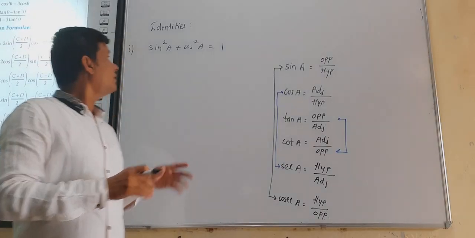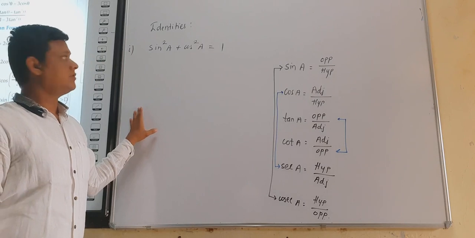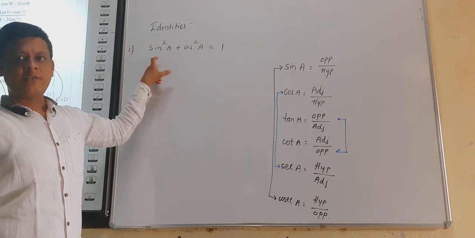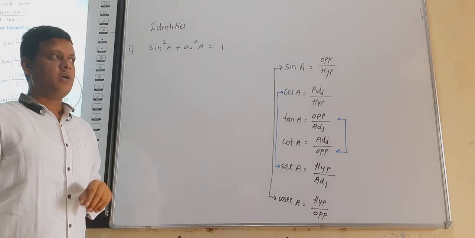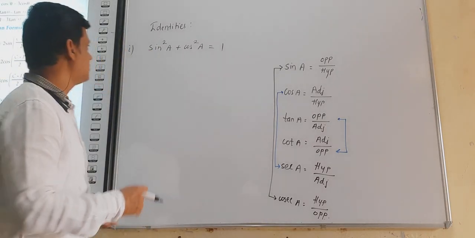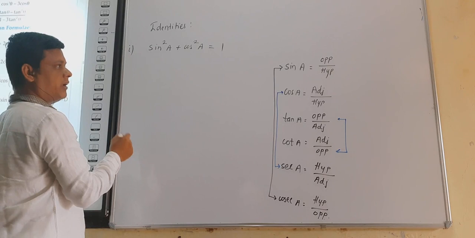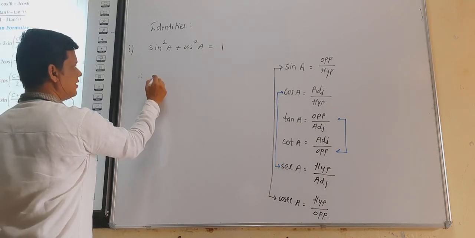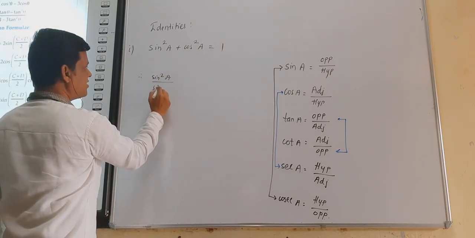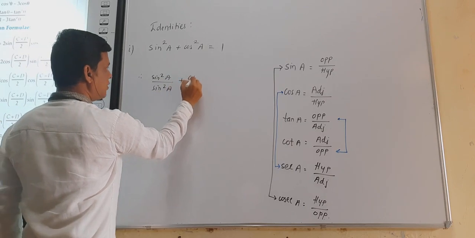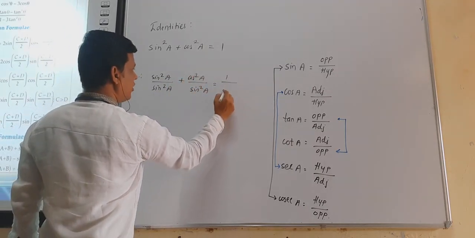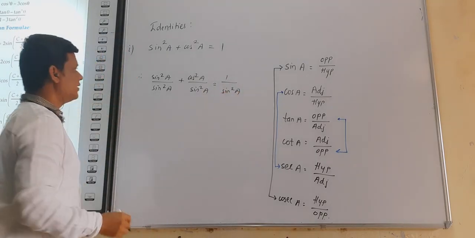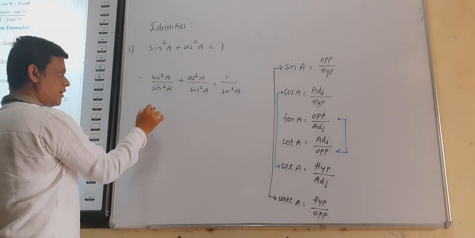Now next is fundamental identity. First, sin square A plus cos square A equals 1. From that we make two identities. If we divide by sin square A, therefore sin square A upon sin square A plus cos square A upon sin square A is equal to 1 upon sin square A. Now sin square upon sin square A is 1.